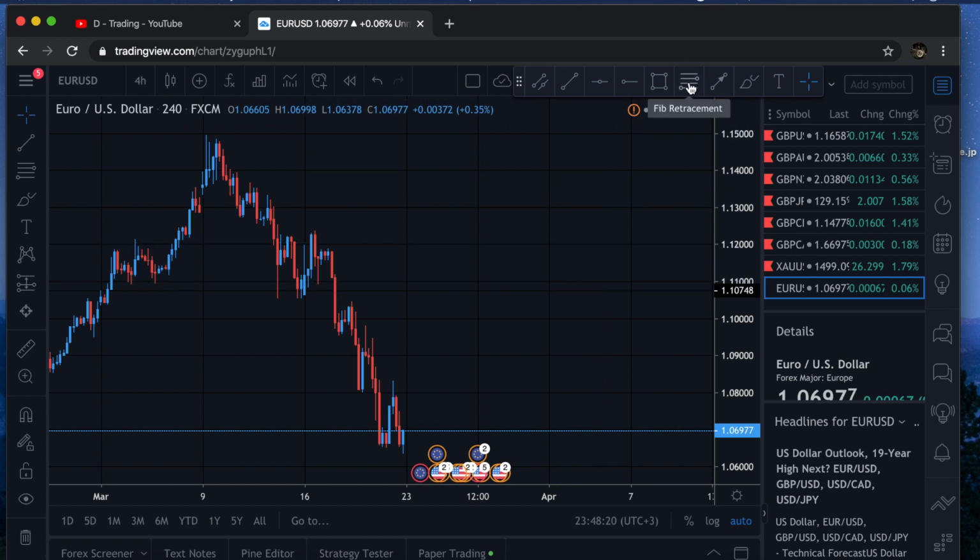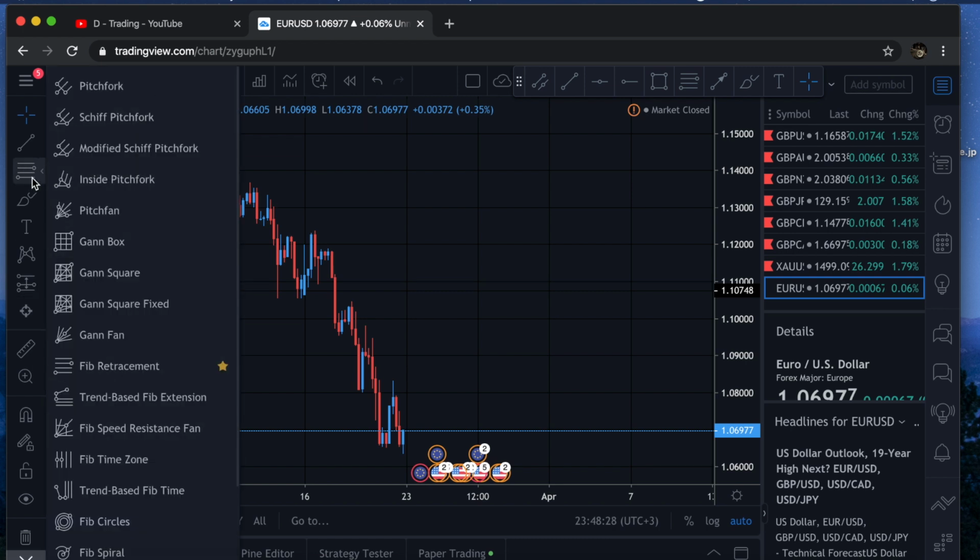It's right there, right here. You can see this is in my favorite toolbar, but you can also select it from the tools option over here on the website TradingView. It will be over here. It's called the Fib retracement.